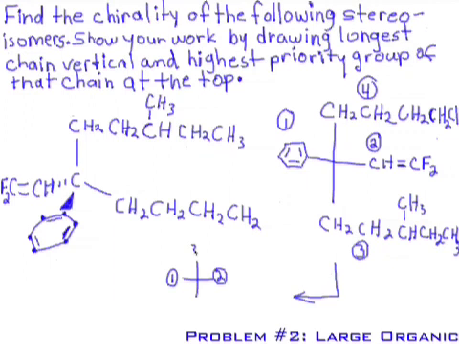I'm going to switch 3 and 4. If I draw a curve from 1 to 2 to 3, this guy is S. So the original, because I did an odd number of interchanges, is R. Okay. So this molecule's R.